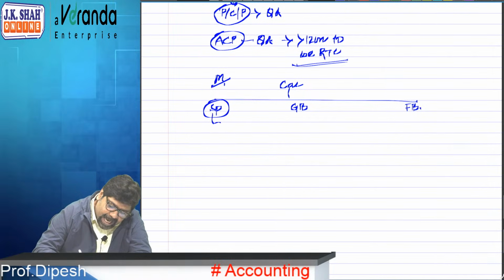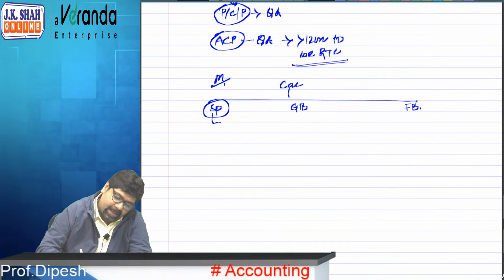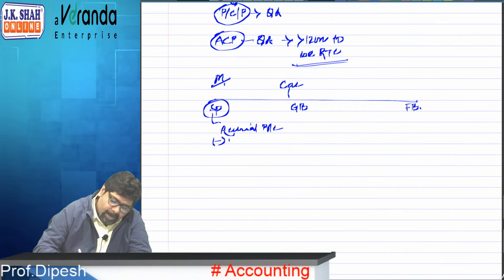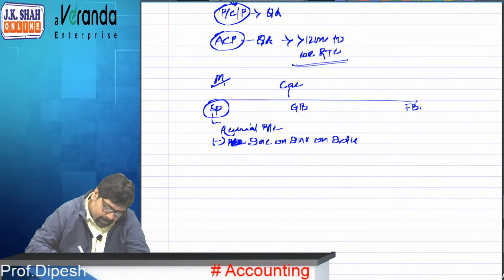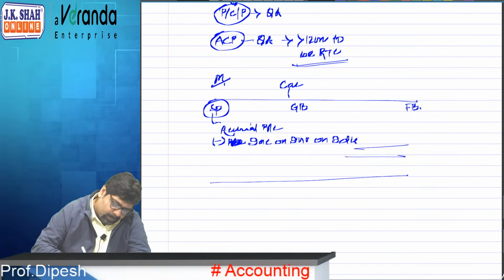Then actual interest or actual borrowing cost minus income on investment on idle funds. That means this is your borrowing cost.